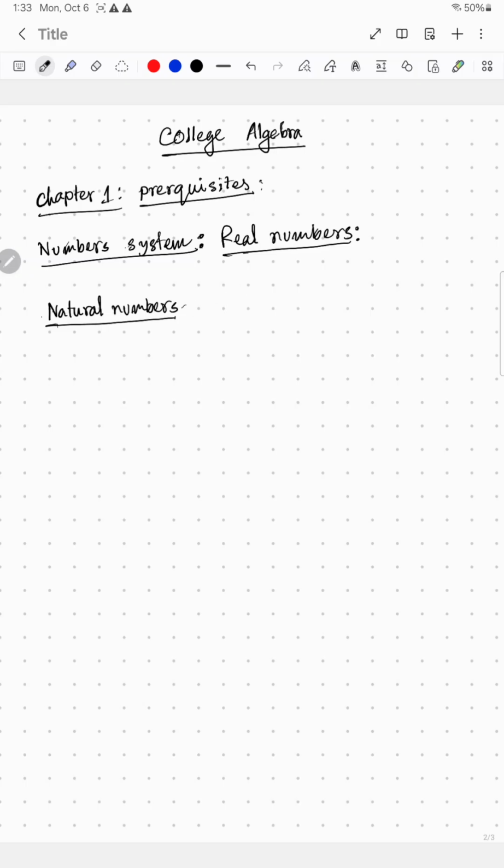Okay, so let me write it properly, okay, with this extra line, right? Now what are these numbers? These are the numbers that start from 1 2 3 4 5, and go on and on. Okay, it goes to infinity.